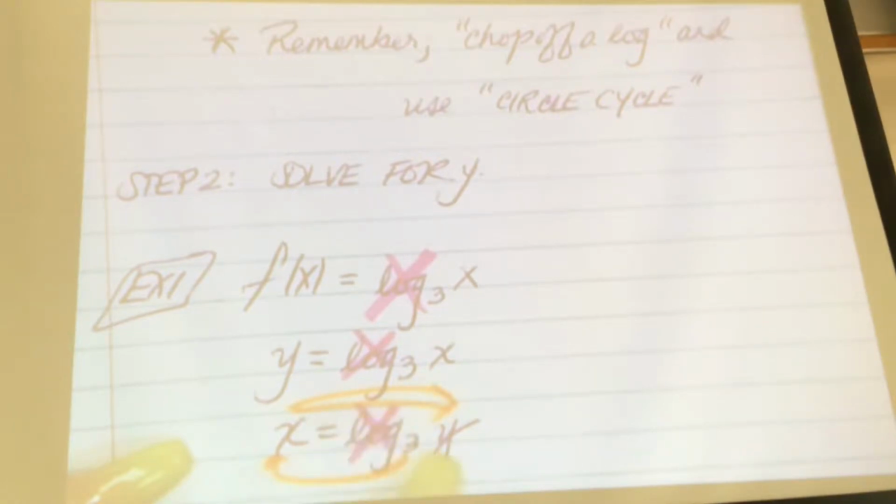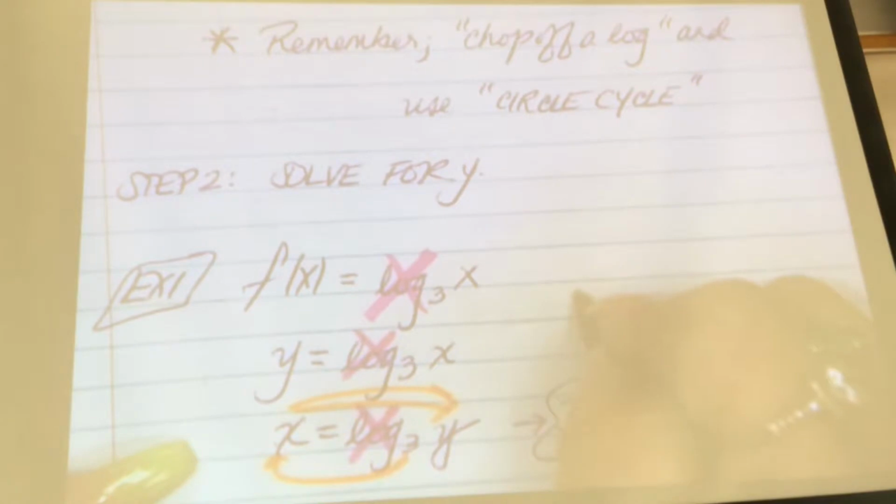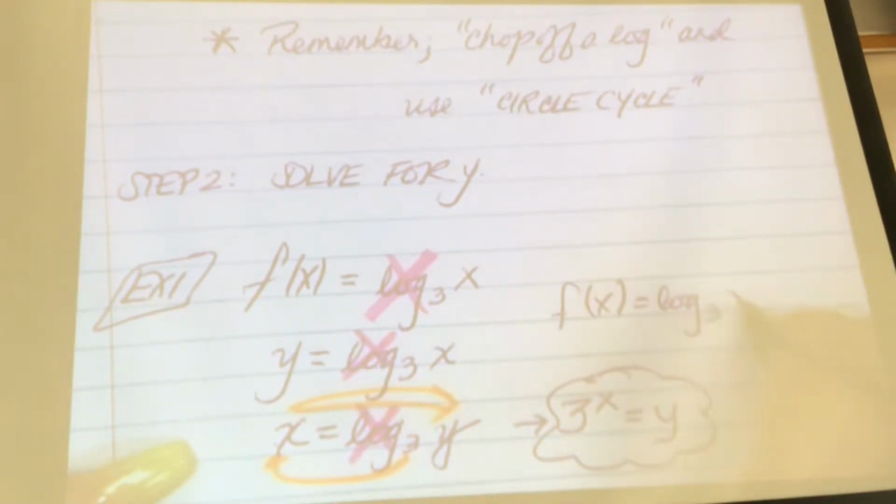So you're going to chop off the log. And then you're going to do the circle cycle. So then that means the 3 piggybacks the x equaling the y. So this is the inverse of f of x equaling log base 3 of x.